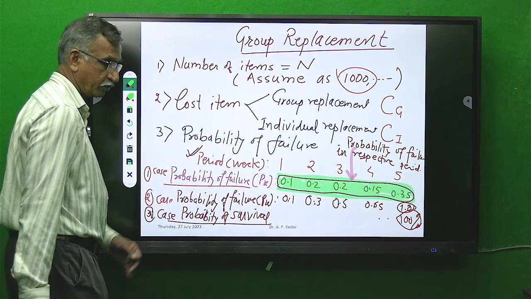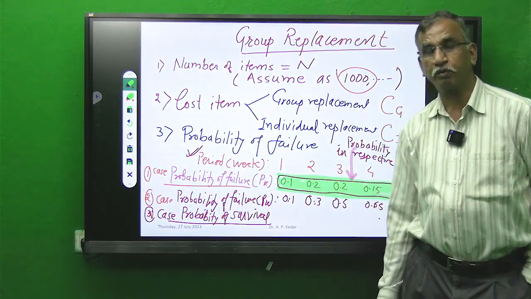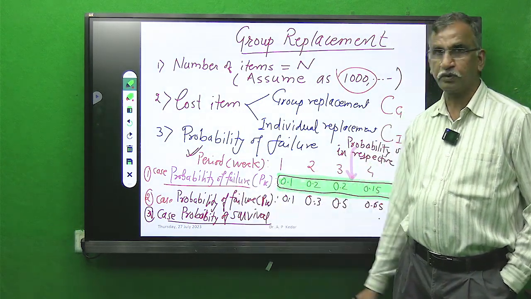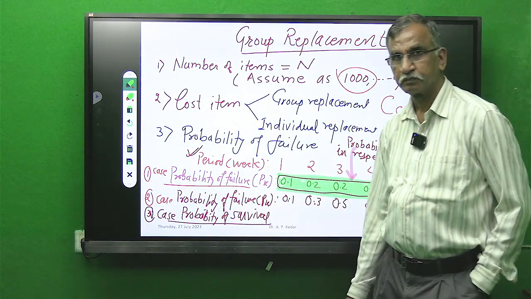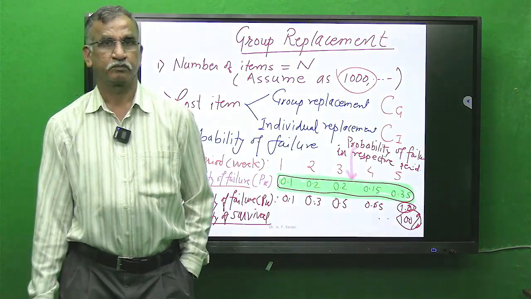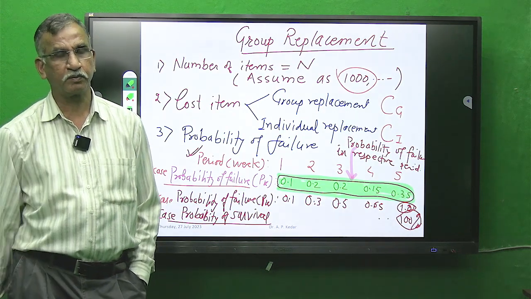This is the third way data is given in exam. Survival is the opposite of failure, and failure is the opposite of survival. That you know very well. These are opposite things, survival and failure.